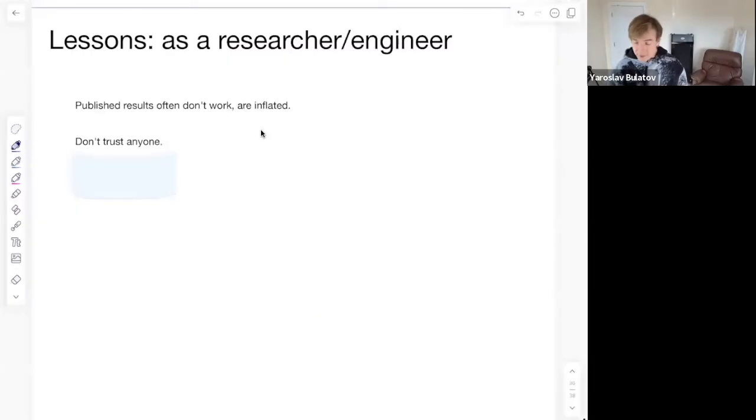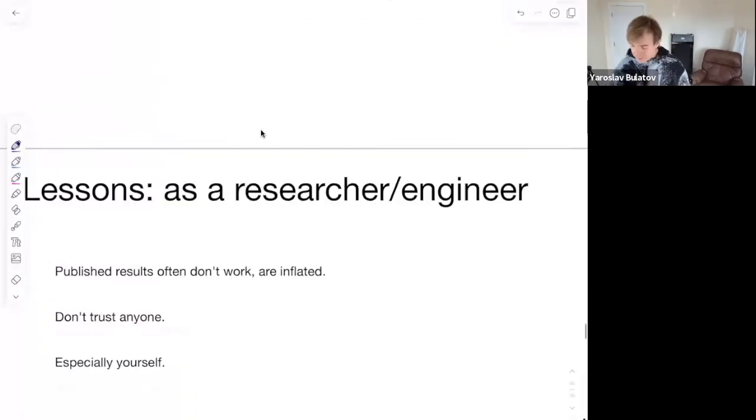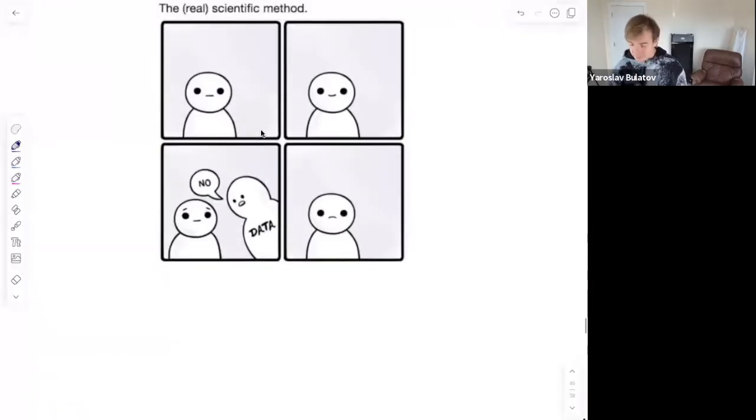You have to be very skeptical. If you're an engineer that does research yourself, you have to be skeptical of yourself, because it is very easy to mislead yourself. You come up with an idea, you're confident it works. You have to always come back and look at the data and trust data, don't trust yourself.